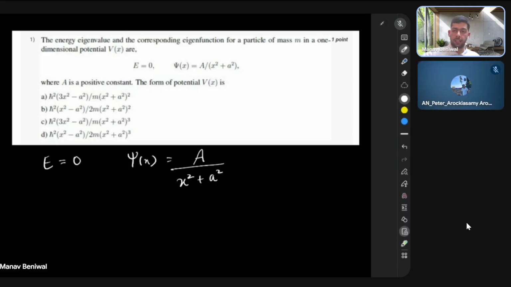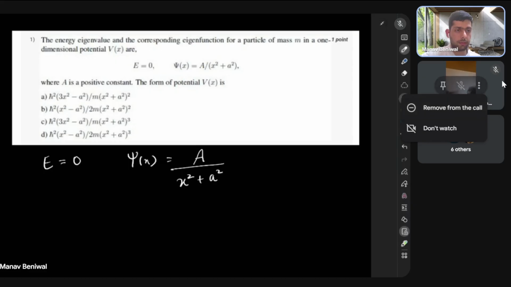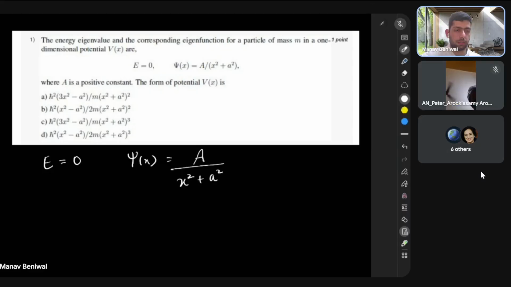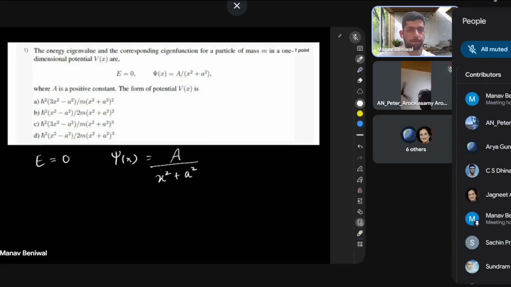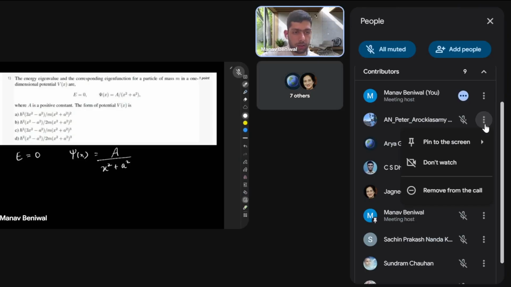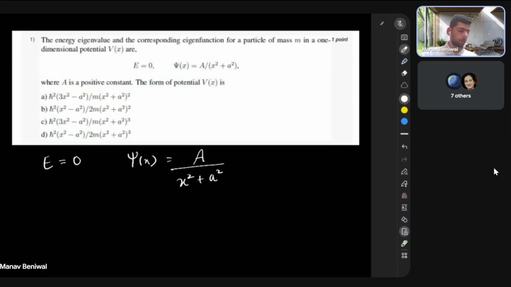So this is our wave function, and what we are asked is the form of potential V of x.